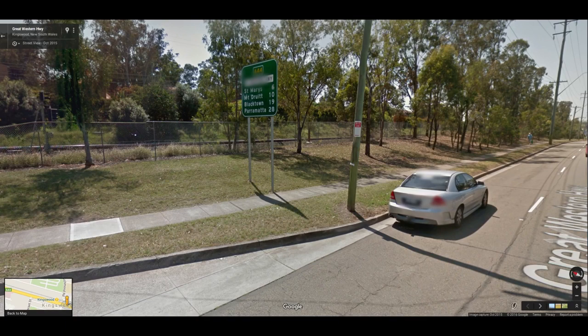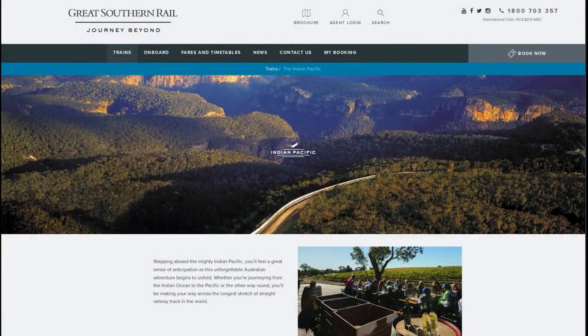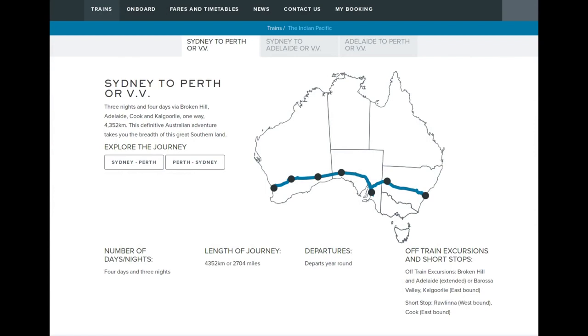I don't know why I never thought of this before, but I would like to introduce to you what could be the key to unlocking Australia. And that is the Indian Pacific Railroad. Now, the great thing about this railroad is that this is the southernmost railroad in the world.